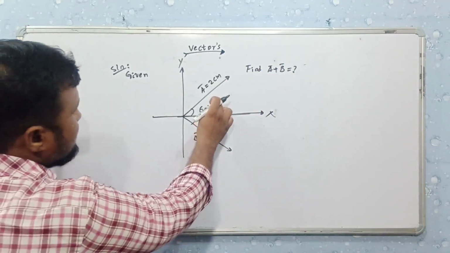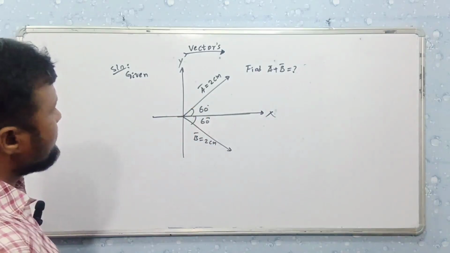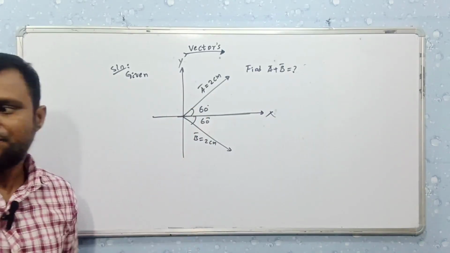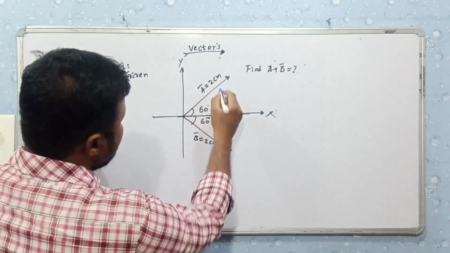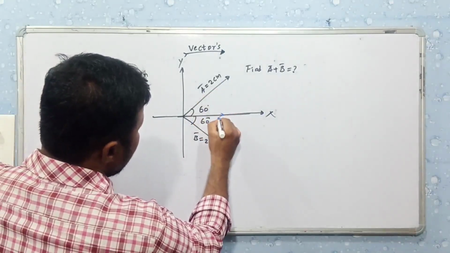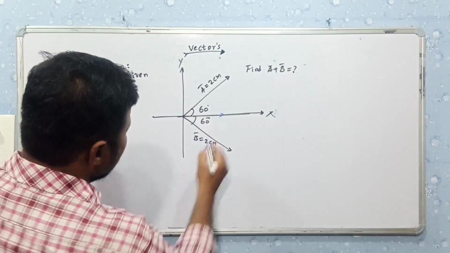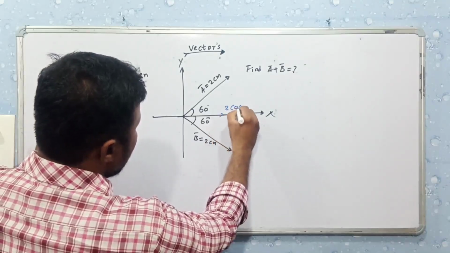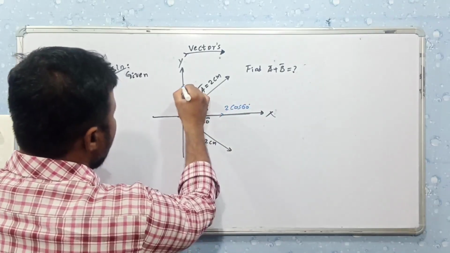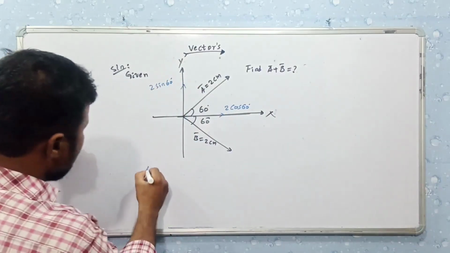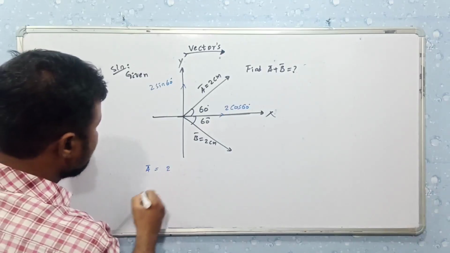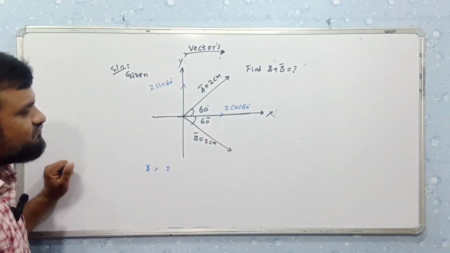First you have to split A bar into two components and also B bar into two components. If I split A bar into two components, along the x-axis 2 cos 60 degrees will come, along the y-axis 2 sin 60 degrees will come. So A bar is equal to 2 cos 60.